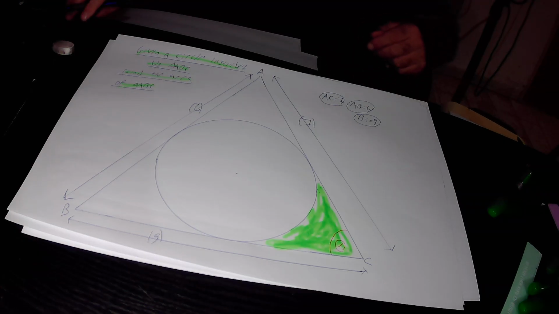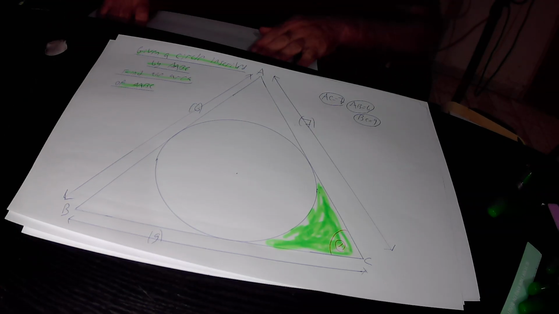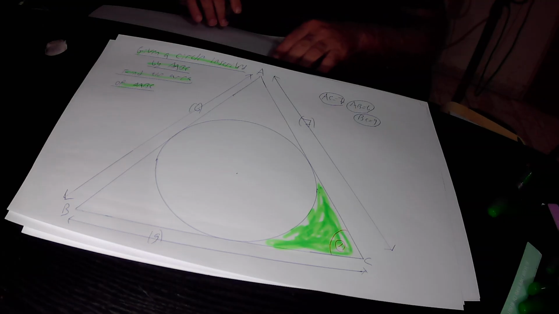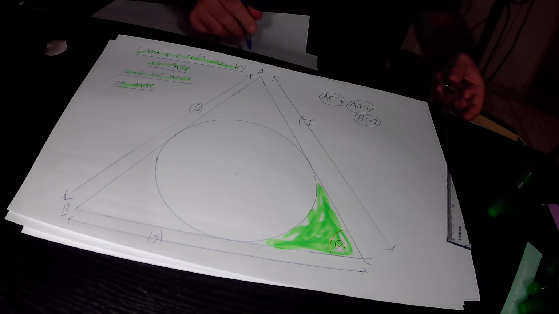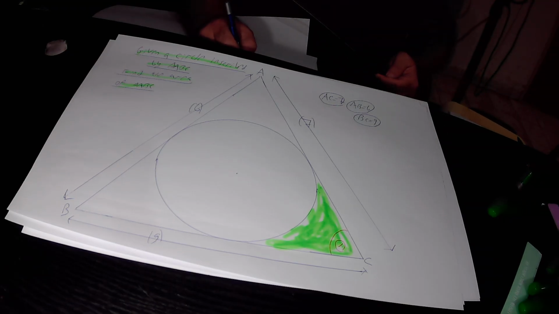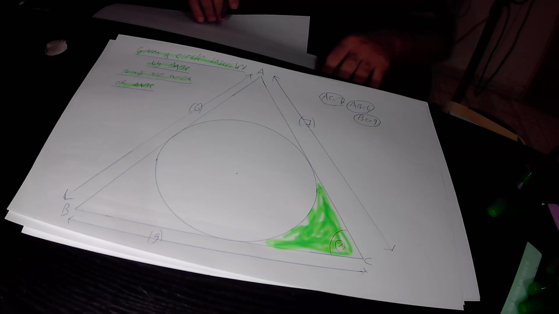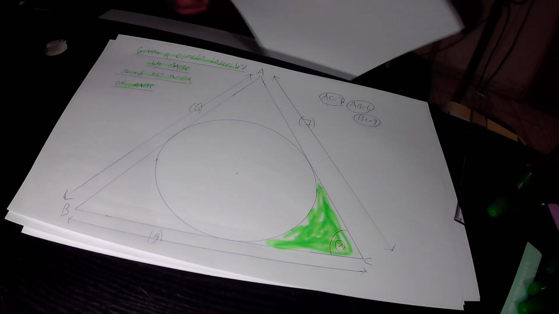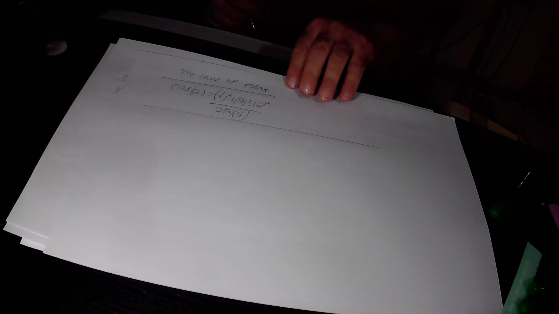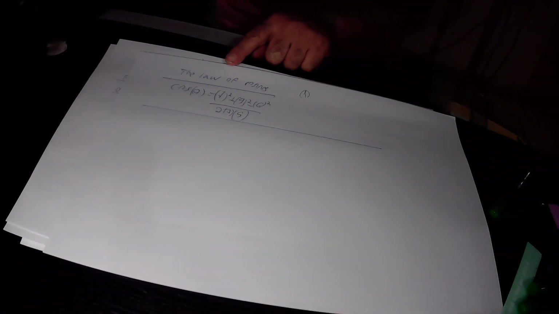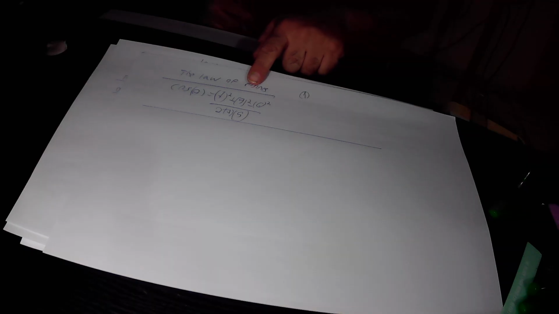And again, in triangle ABC, according to the law of cosines, cosine theta equals 7 square plus 9 square minus 6 square over 2 times 7 times 9.